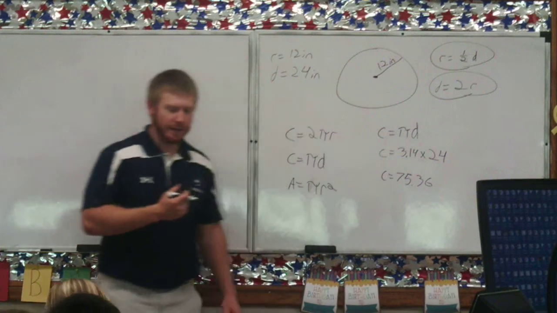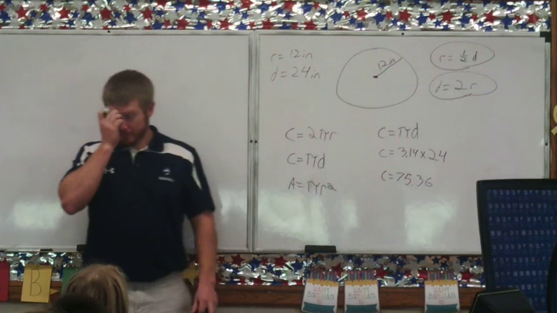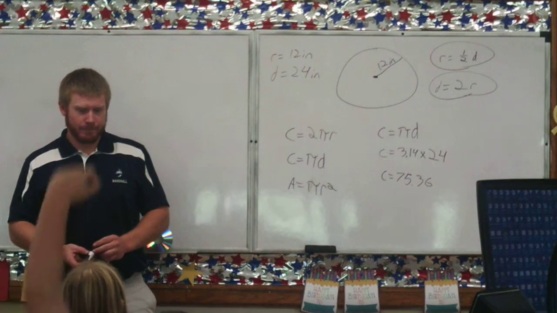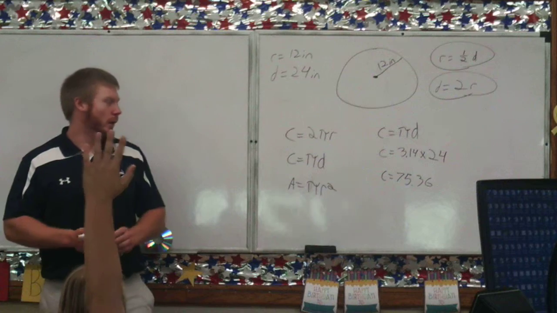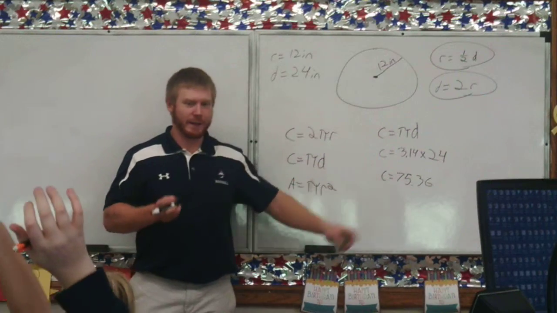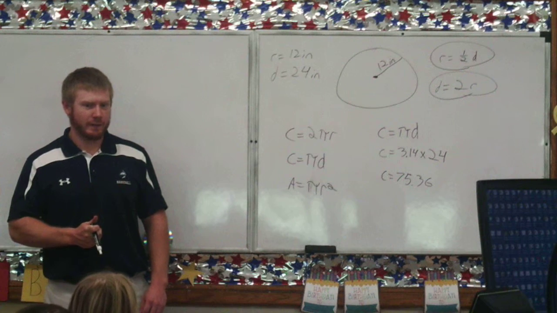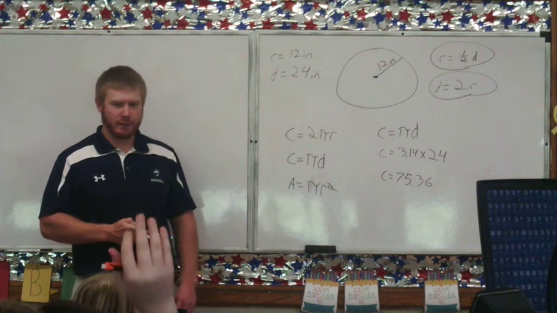Skylar, can I leave it as just that number? Yes, we can leave it as that number. But what else do we have to put on there? We don't have an exponent.